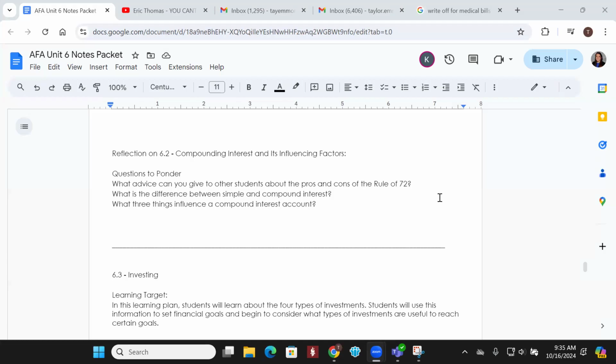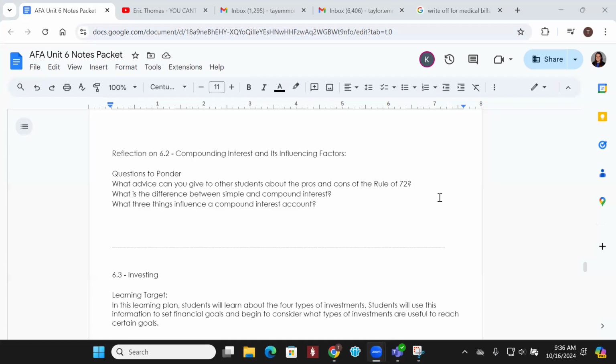Okay. What's the difference between simple and compound interest? So with compound interest, you got those LY words, right? Daily, weekly, monthly, etc. With simple interest, it only happens once a year. Okay. All right.